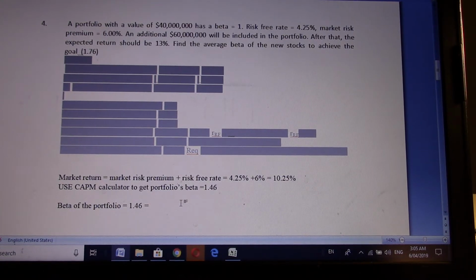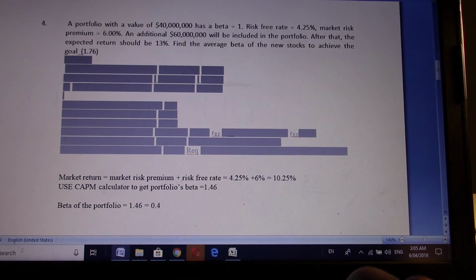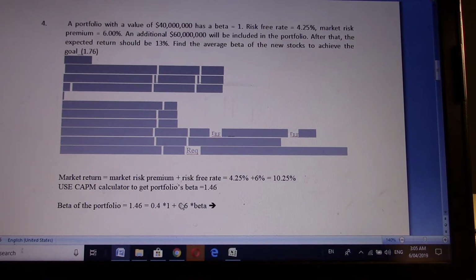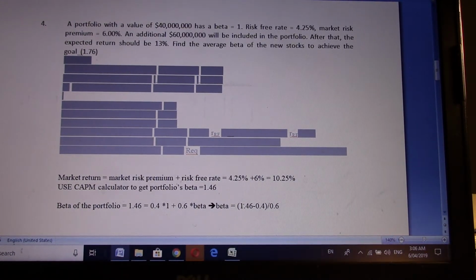The portfolio's $40 million has a beta of 1, so we use the weight, which is 40%, with a beta of 1, plus 0.6 as the other stock's weight. However, the beta of that stock is unknown. So we can work out this equation. Beta should equal 1.46 minus 0.4, divided by 0.6. So this should be the answer.